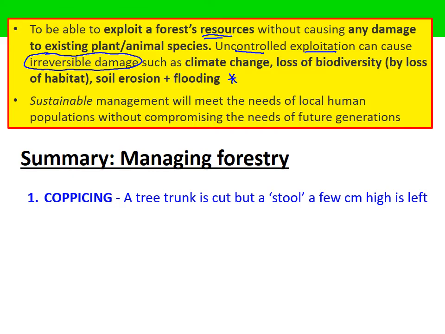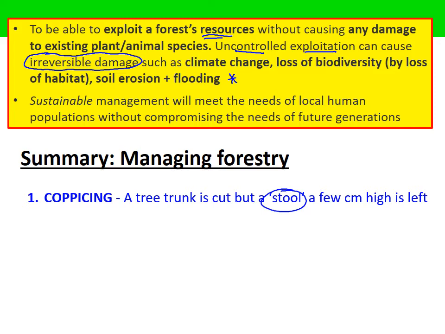So some of the techniques we're going to employ to manage the forest then. One traditional technique, certainly in the UK, is called coppicing, and that's where a tree is actually cut down, but instead of removing the whole tree, it's cut down to near the earth's surface. So that leaves what's called a stool, and that's a few centimeters normally above the ground level.